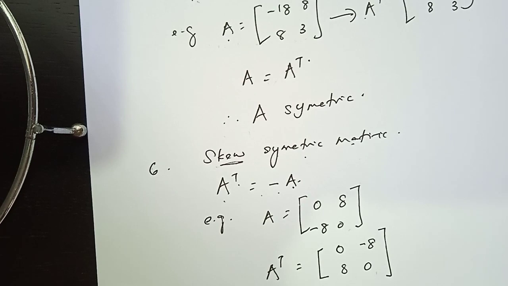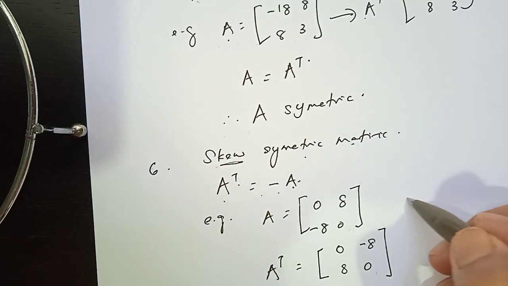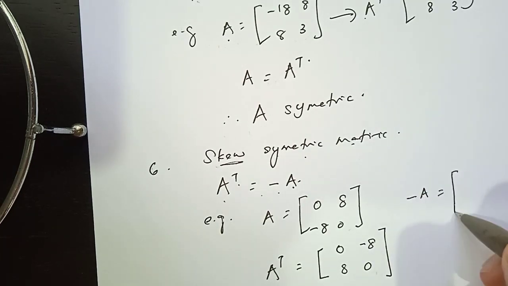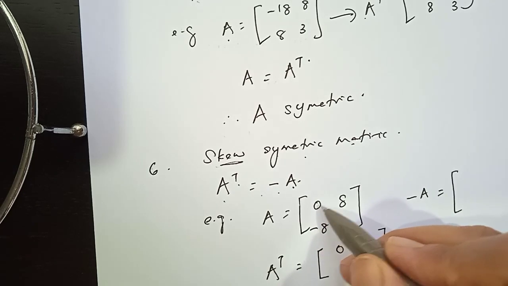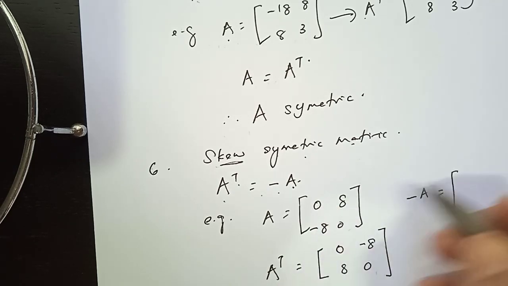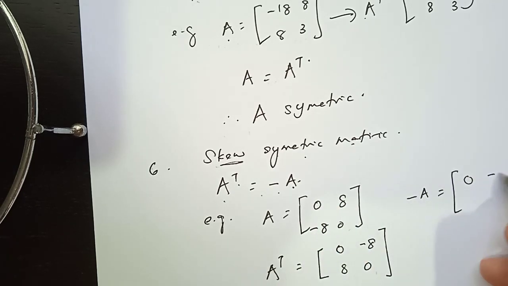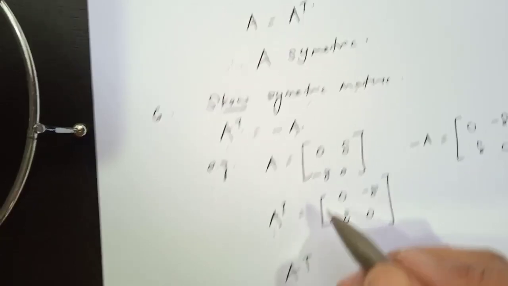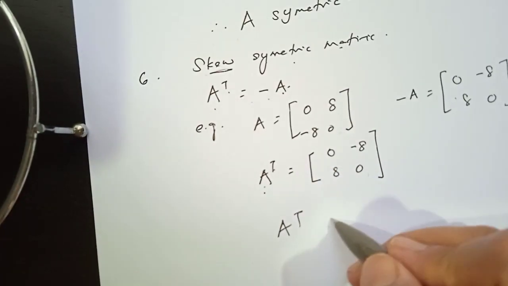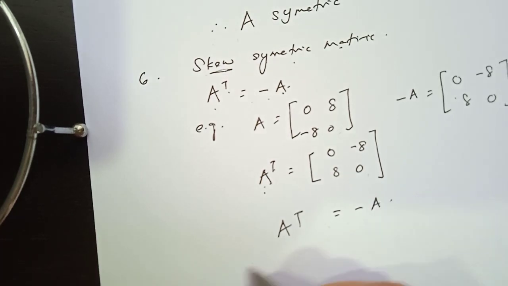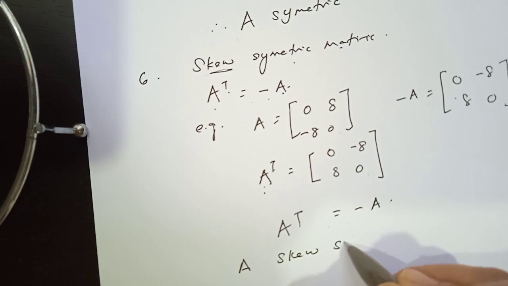Okay, now find minus A. Minus A means we multiply each element here by negative 1. So it becomes 0, -8, 8, 0. So this is equal to A transpose. So A transpose equals negative A. So A is called a skew symmetric matrix.